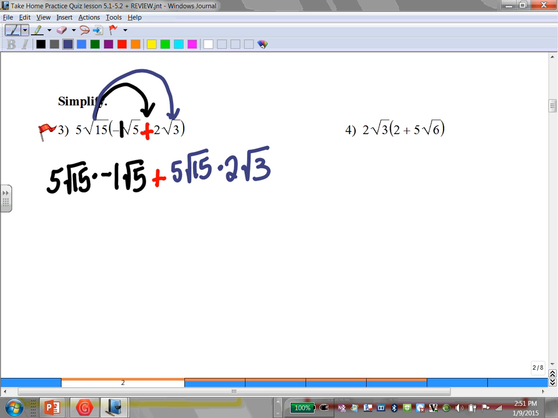Okay, now we multiply outies to outies, innies to innies. So we do 5 times -1, which is, what guys? Participate. Yeah. All right, and then we're going to do 15 times 5.